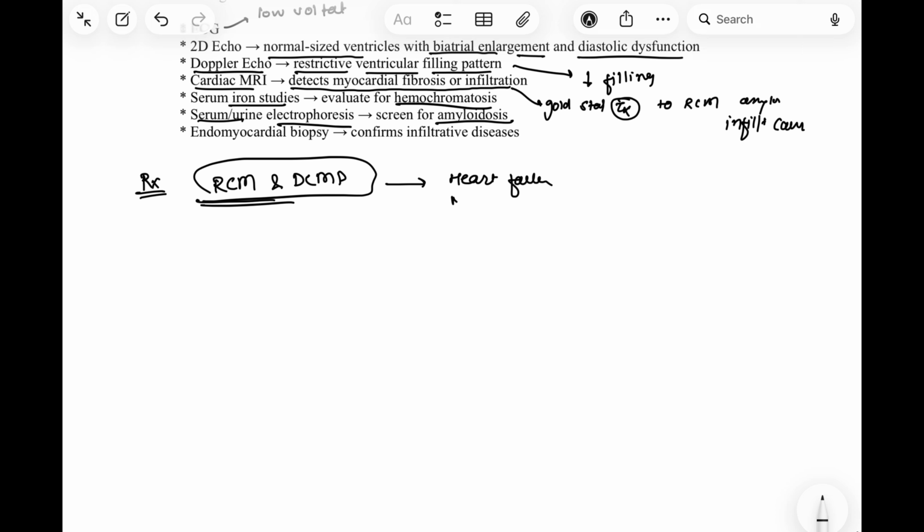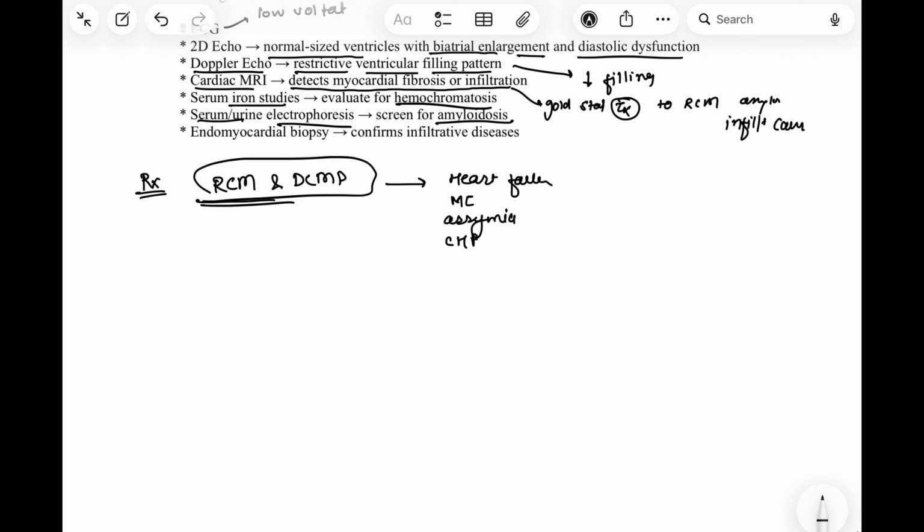Now let's talk about the treatment options for restrictive cardiomyopathy and dilated cardiomyopathy. If you think logically, what are the conditions that can occur from these two cardiomyopathies? We can think of changes like heart failure, MI, arrhythmias, and congestive heart failure.